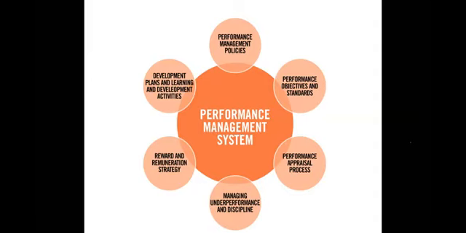After that, we have another component, managing underperformance under disciplines. It is really challenging for the organization, especially the HR managers, because these people are responsible for getting the performance from each and every individual in the organization.